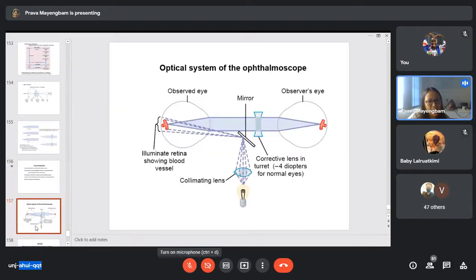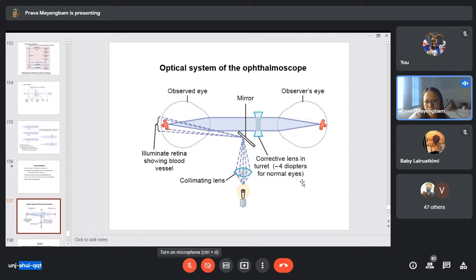Then another point is the ophthalmoscope. What is an ophthalmoscope? It is an instrument used for examining the eye. It helps in detecting the conditions inside the eye. So you may be asked what an ophthalmoscope is and where it is used.